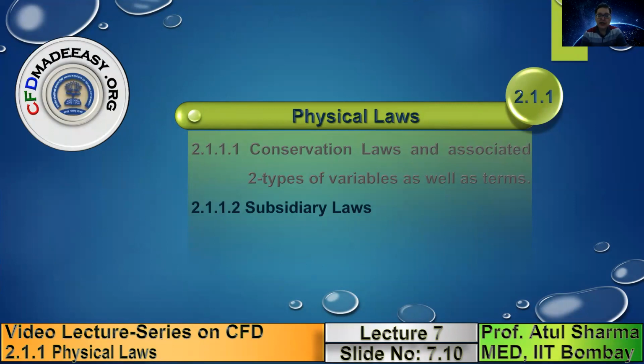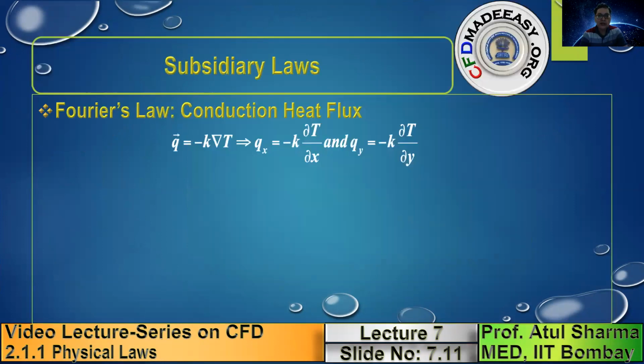Other than the conservation law, I had mentioned that since we use a continuum approximation, certain molecular level information gets introduced through the subsidiary laws. Basically, we have two subsidiary laws. The first one presented here is Fourier's law of heat conduction, where you encounter the conduction heat flux. Note that conduction heat flux is a vector, and for a 2D Cartesian coordinate system, it is shown here as Qx and Qy.